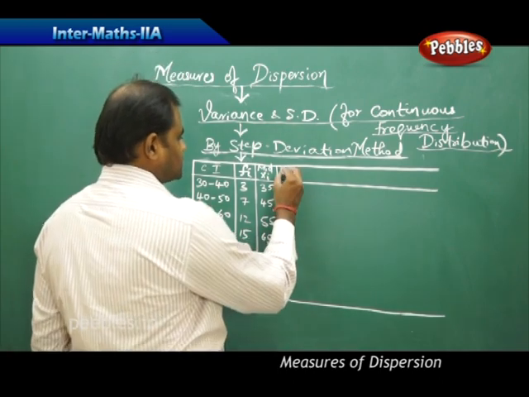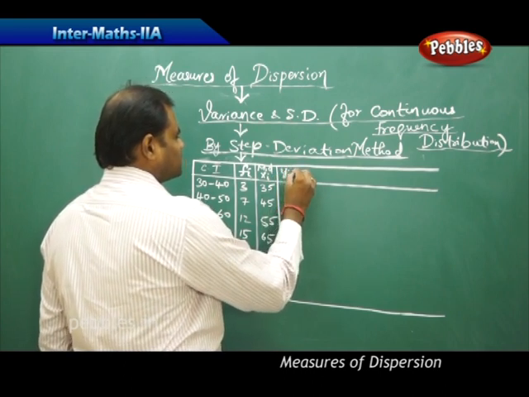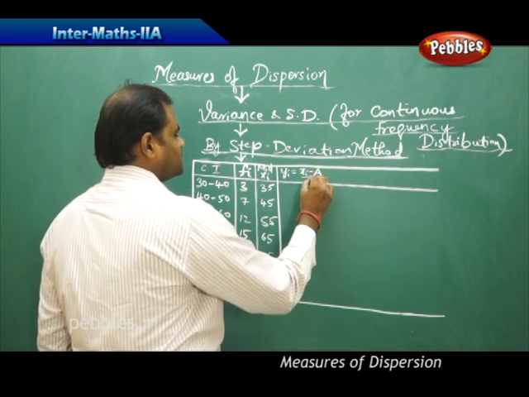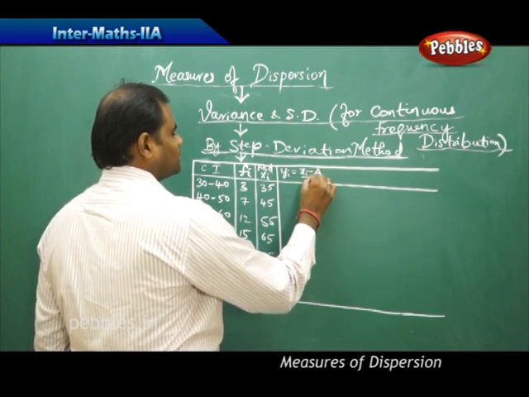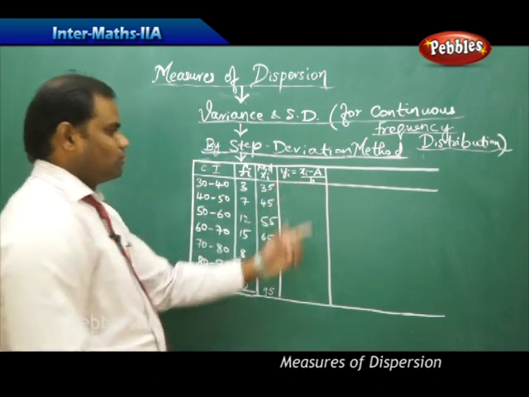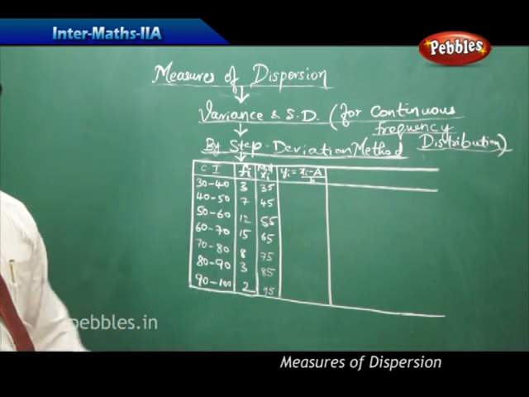Now next is the deviation yi, which is given by the formula (xi minus a) by h, through which we are going to find yi. Before that, we need to find the assumed mean a.